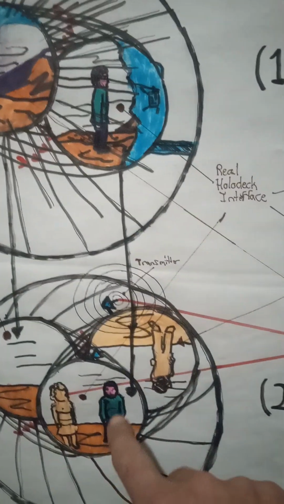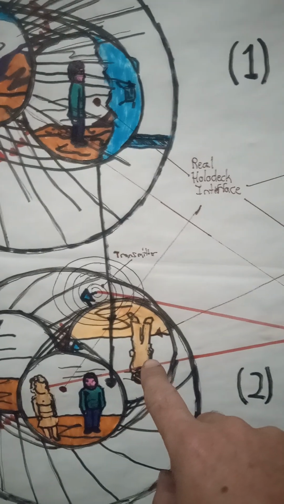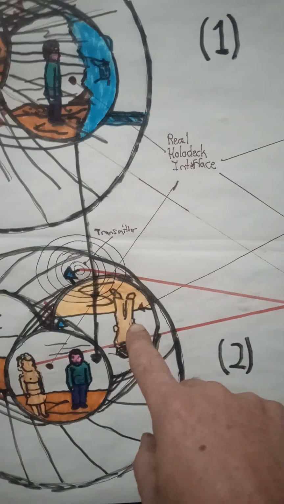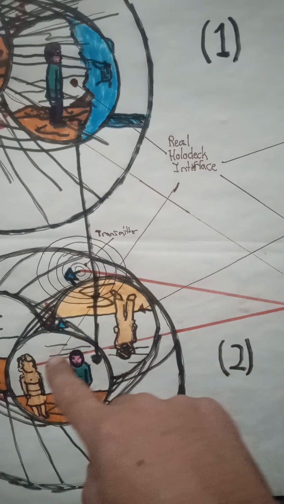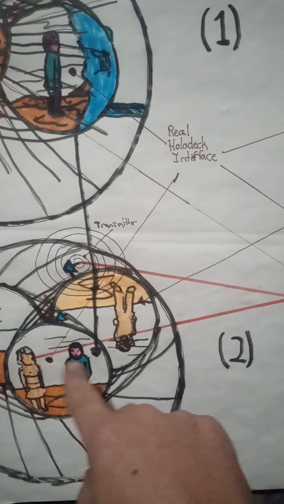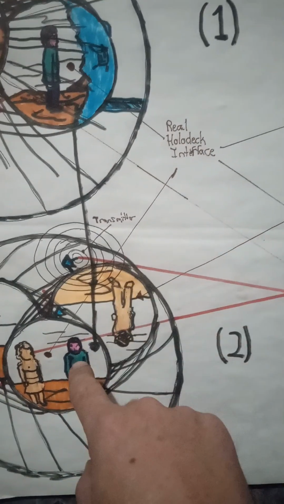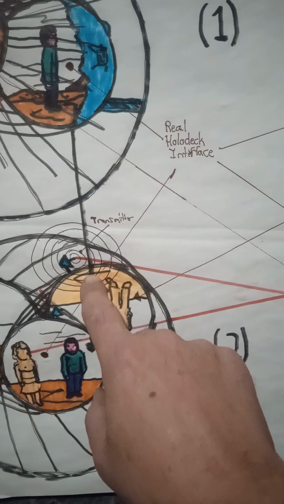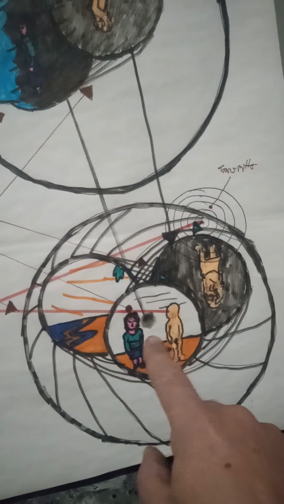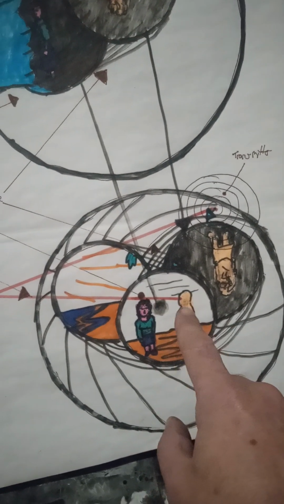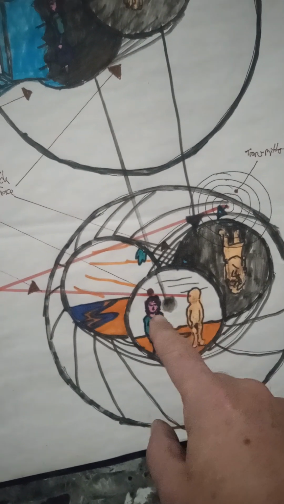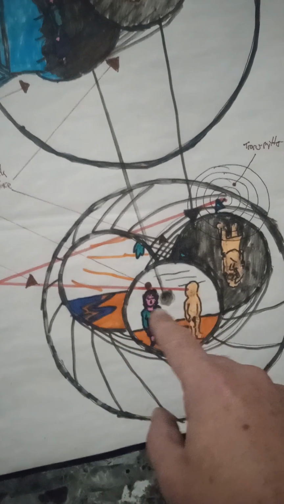And then it goes into a virtual holodeck interface, where the image is scanned, and it's necessarily flipped over negative. But when it's transmitted back into Jane's real holodeck, it's flipped back positive again by the simple geometry of their connections in the transmission.